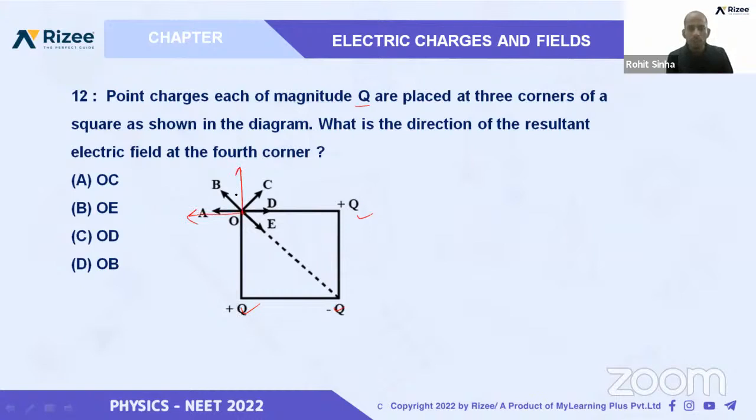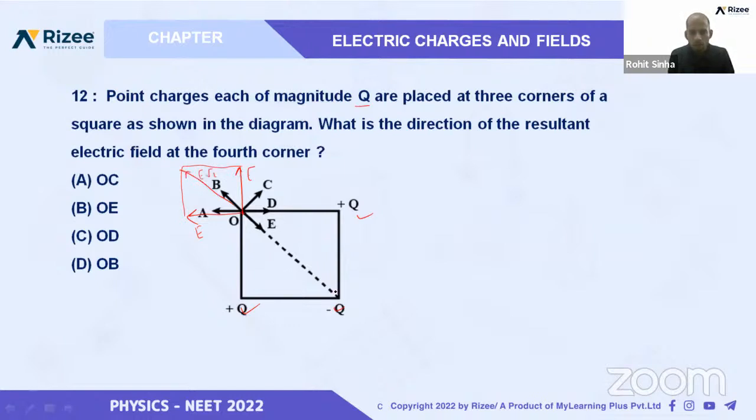Let us suppose it is E in each. When we add these two vectors by the parallelogram law, we get the resultant in this direction. Sorry, I drew it wrongly. It is a straight line, like this, and it will be E root 2.